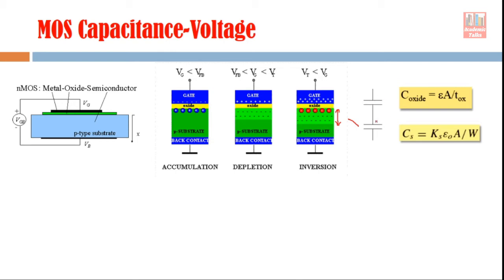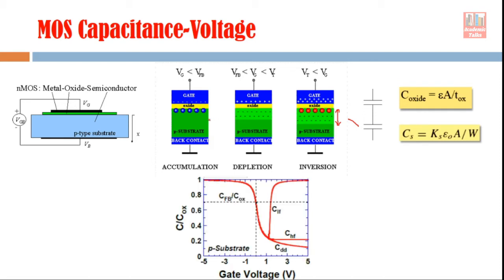You know that when two resistances come in series, net resistance will be more, but when two capacitors come in series, net capacitance decreases. So the net capacitance behavior is given something like this. Here we have plotted this net capacitance C as a function of gate voltage, and the formula for this net capacitance will be something like this.